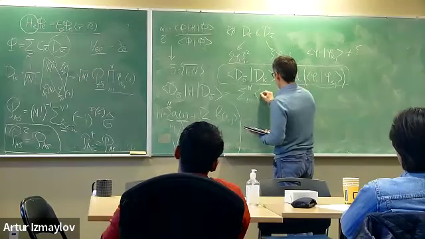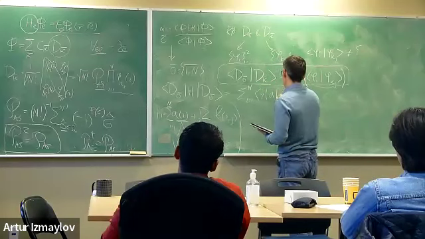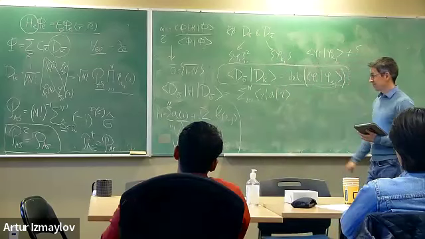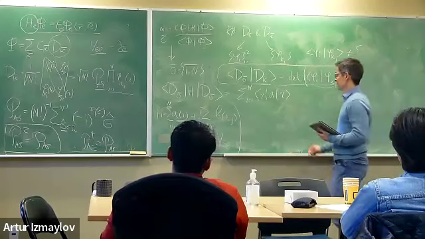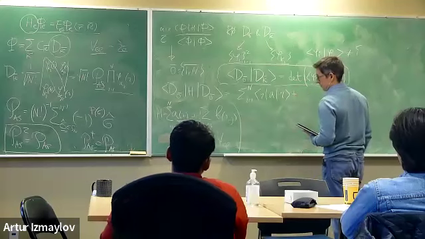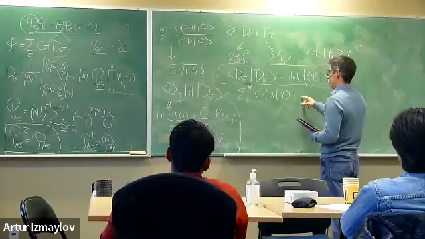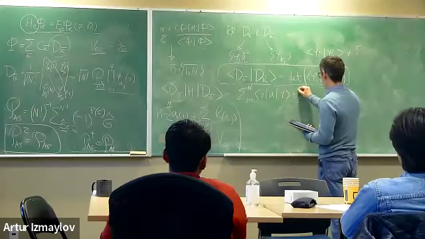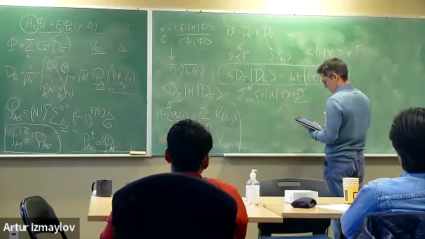So that is I, A, I. Plus the two-electron part, half.